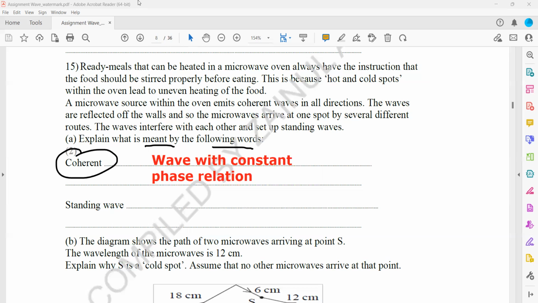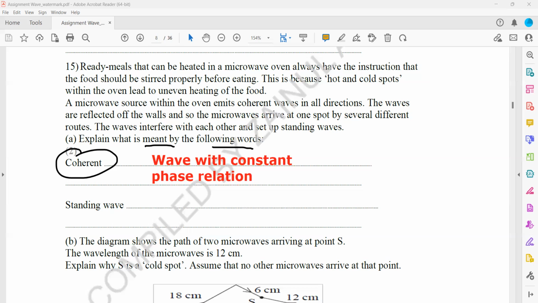Then what is the definition of a standing wave? A standing wave is a wave produced with a pattern of nodes and antinodes, or points of maximum displacement and minimum displacement, or a wave with no net energy transfer.